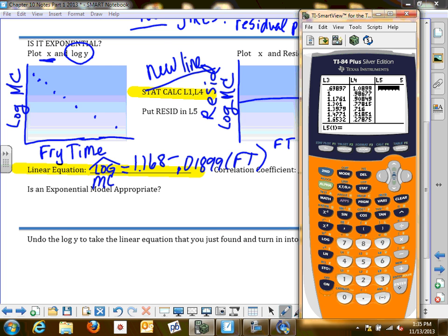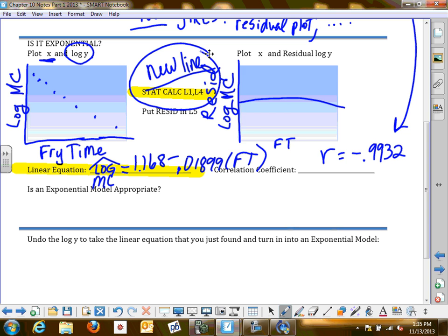Very good. Because my calculator is thinking of a new line in its brain. If you had not calculated that new line, it would still be thinking of the old line and give you the same answers. So you know it's wrong if you get the same answers.